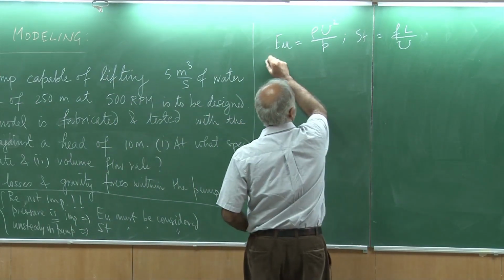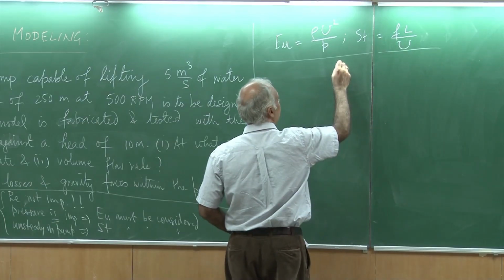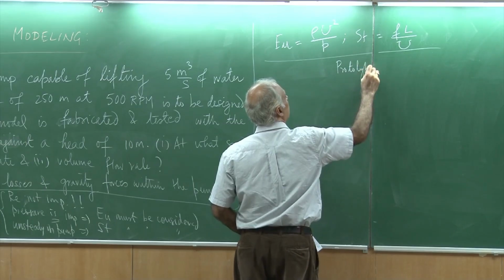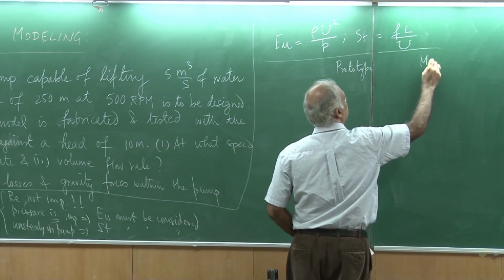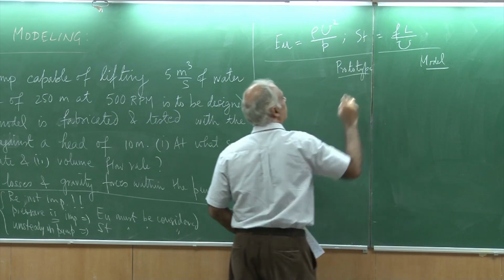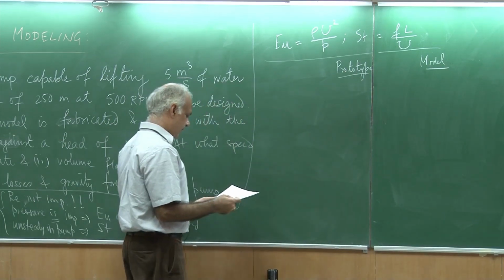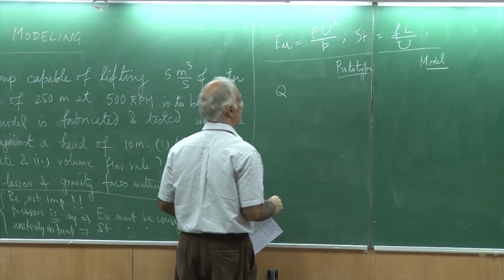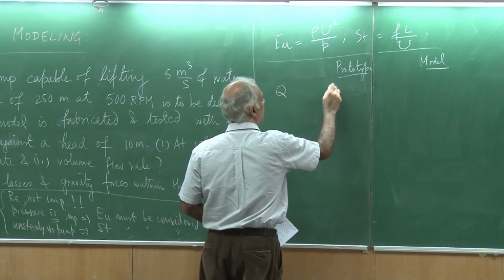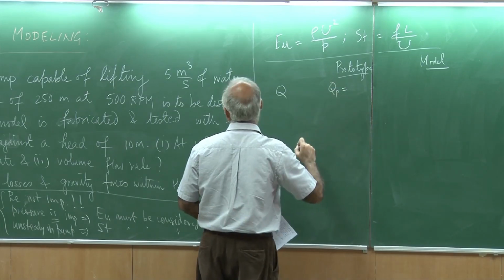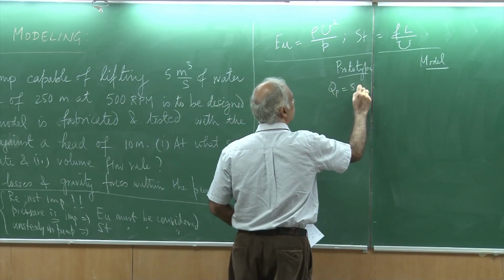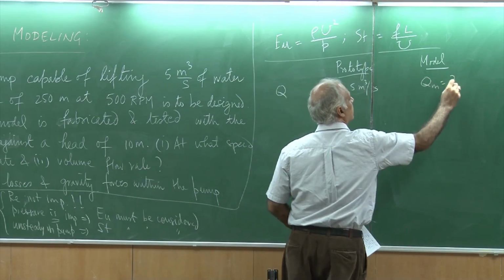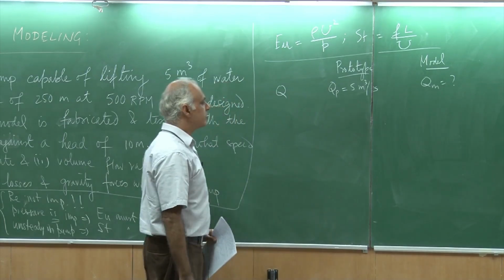So, let us make the same kind of table that we made earlier. I will do it for the prototype and for the model. Let us talk about first the flow rate Q. For the prototype it is Qp, which is given to me as 5 meter cube per second, and for the model this is one thing that I need to find out.